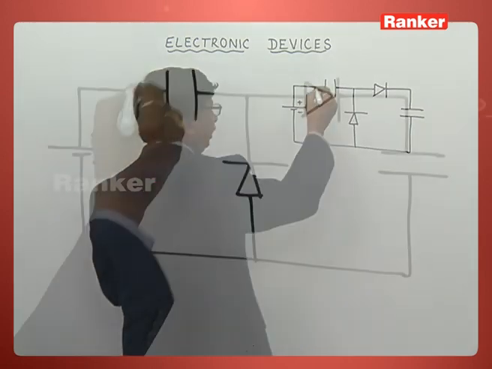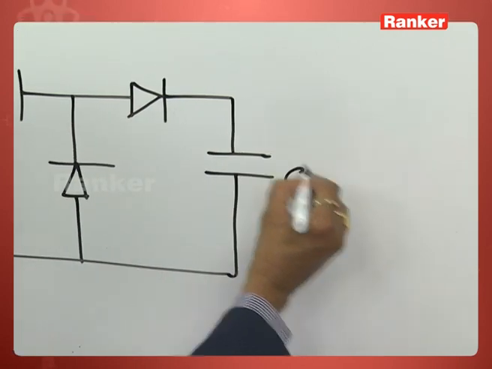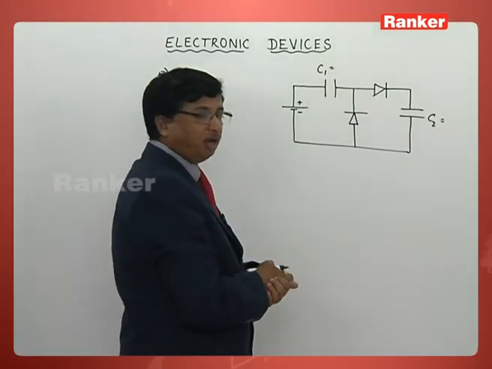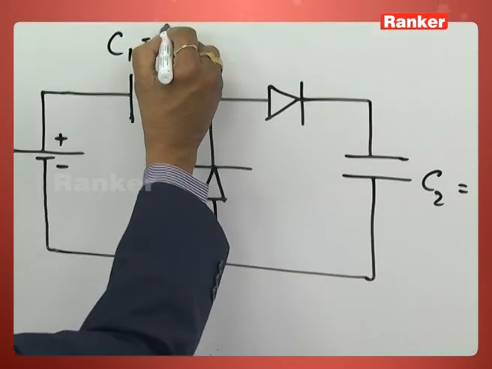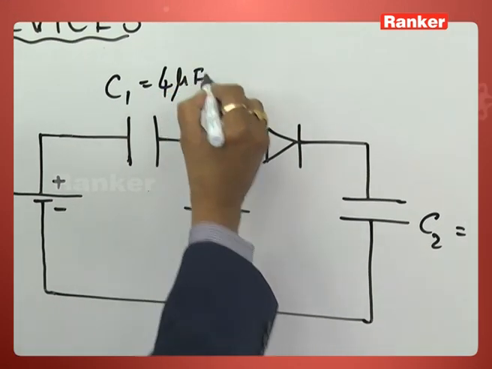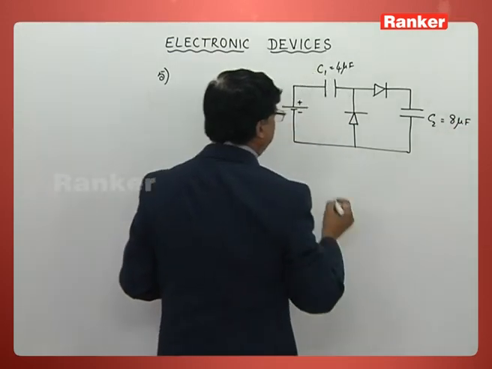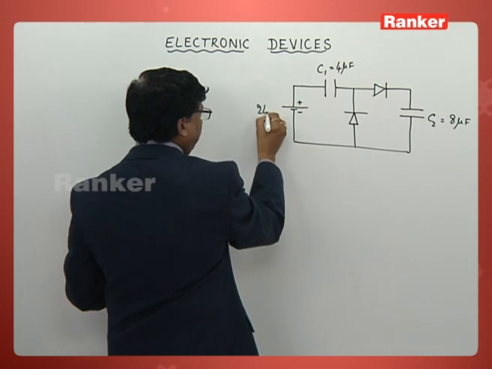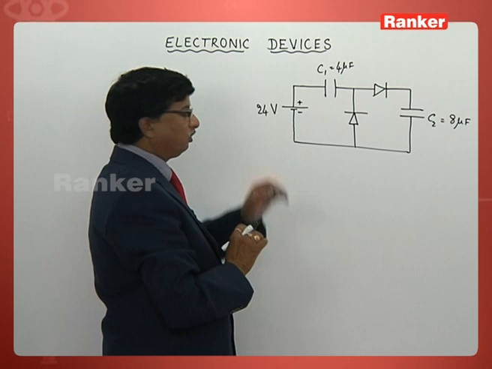Identify the connections of the cell carefully. You can now write this one as C1 and this one as C2. C1 is given as 4 microfarad and C2 as 8 microfarad, and 24 volt has been given across the cell.